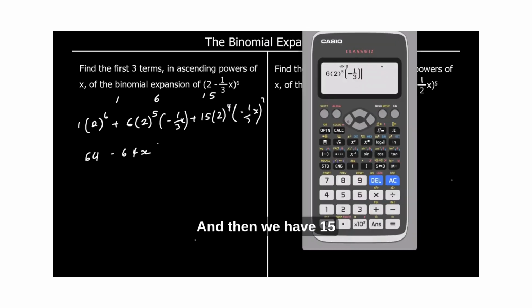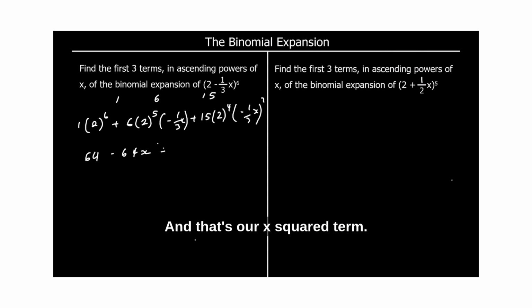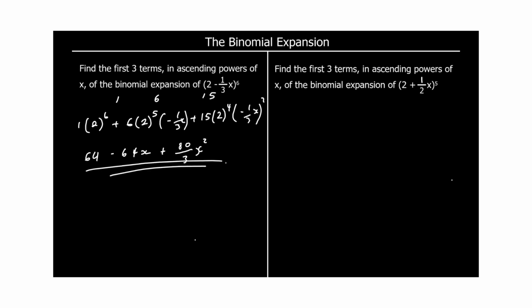And then we have 15 times 2 to the power of 4 times minus a third x squared. So we've got 80 over 3, and that's our x squared term. When I type it in the calculator, I type in everything apart from the x. And that's our answer. So one for you to try. Give it a go.